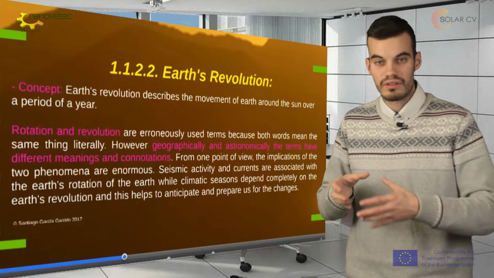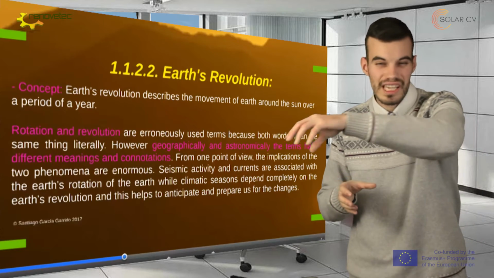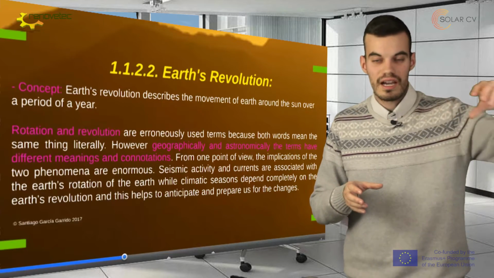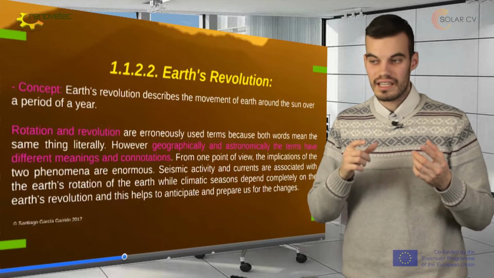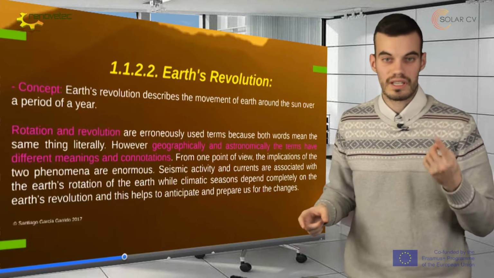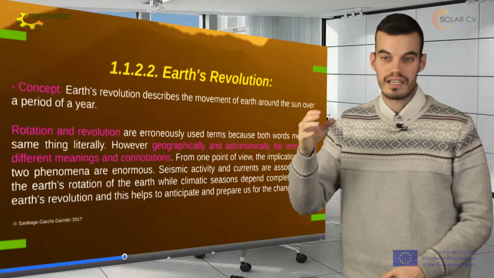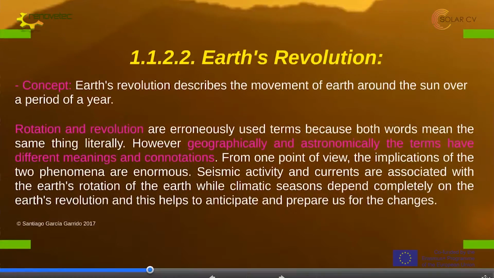Earth revolution is the movement of the Earth around the Sun, and the period is 1 year, whilst Earth rotation is 24 hours. Earth revolution generates seasons, whilst Earth rotation generates day and night.